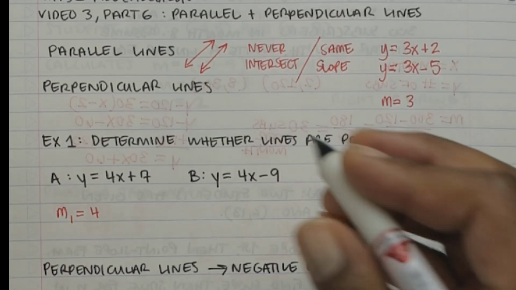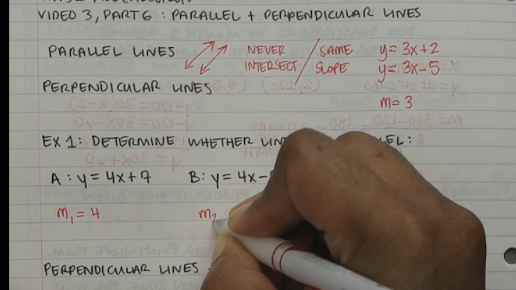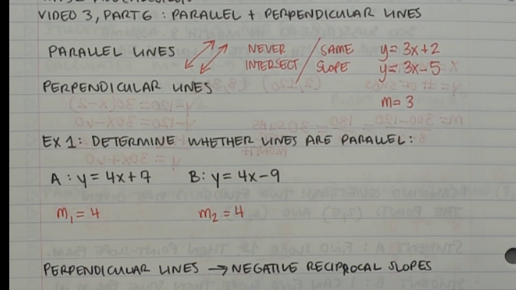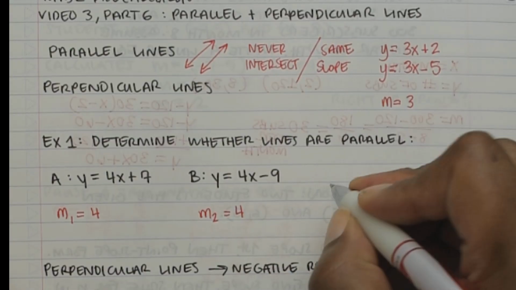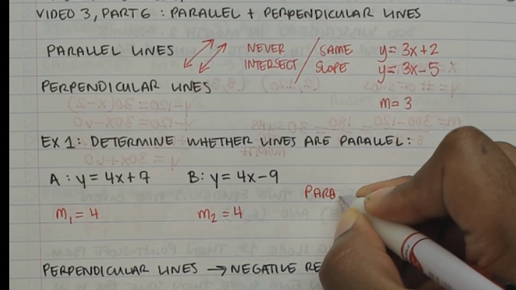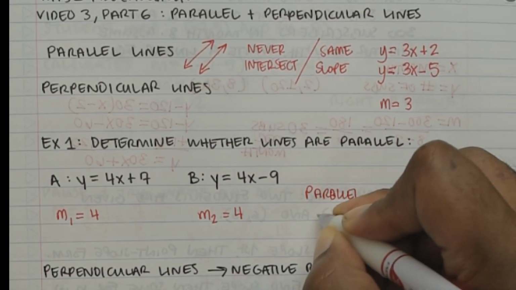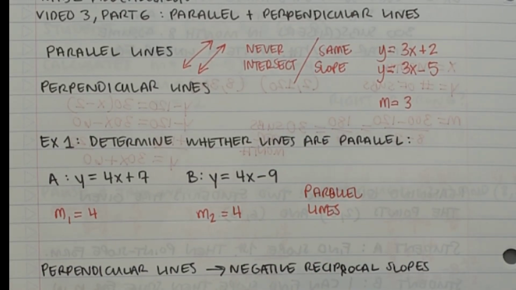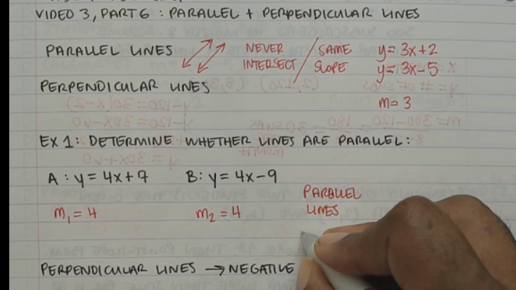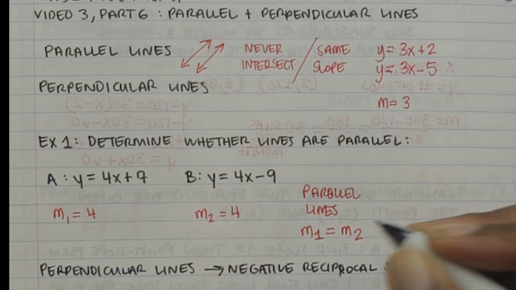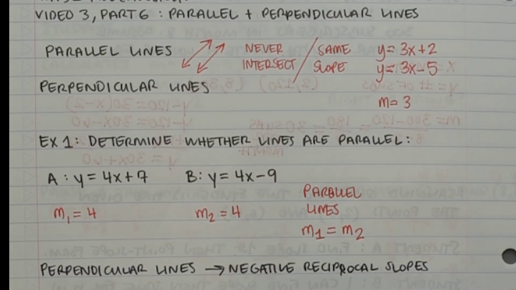The slope of line B, or m sub 2, is 4 as well. Since the slopes are equal, these two are parallel lines. So we can write it as m sub 1 is equal to m sub 2. Therefore, they are parallel.